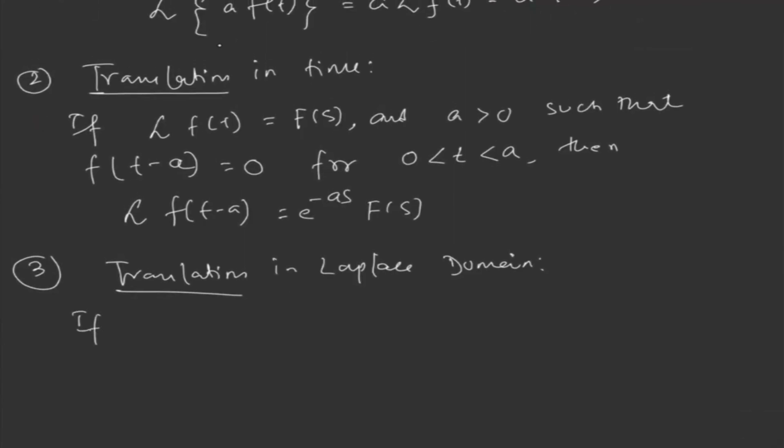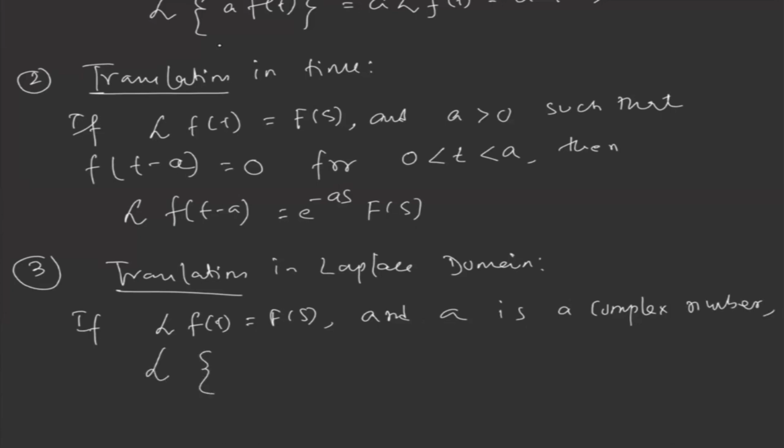If the Laplace transform of the function f(t) is F(s), and a is a complex number, then we can write the Laplace transform of e to the power at times f(t) as F(s minus a).